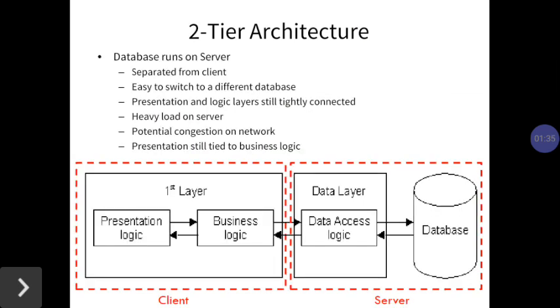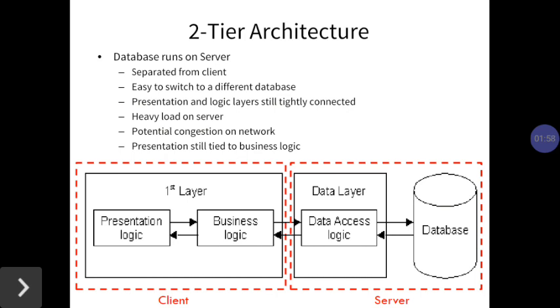Two tier architecture, that is, here the data logic is separated from the business and presentation. So that is the first layer, presentation logic and business logic are together, and the data layer is separated, it is in the server. So the database runs on a server, separated from the client, and it is easy to switch to a different database.